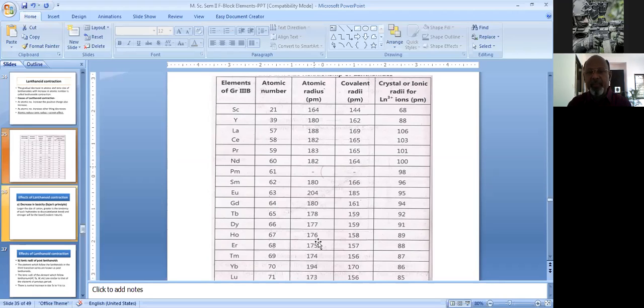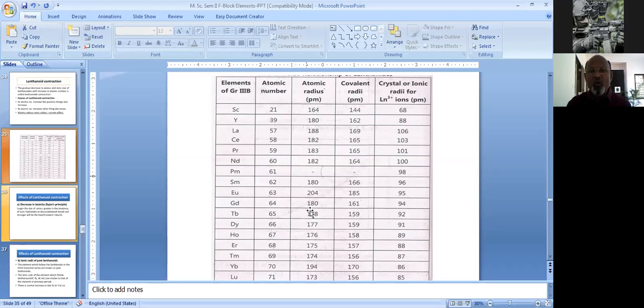But while eluting the ions from the column, the ion which is least basic or small size, that is the lutetium, forms a more stable complex with ammonium citrate citric acid, and it is eluted out of the column first, followed by other members in the decreasing order of their atomic numbers. That means the basicity gradually increases as we move from lutetium to lanthanum. So lanthanum is eluted out of the column at the very last.